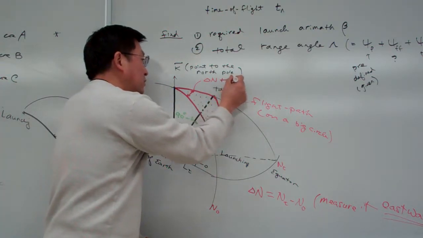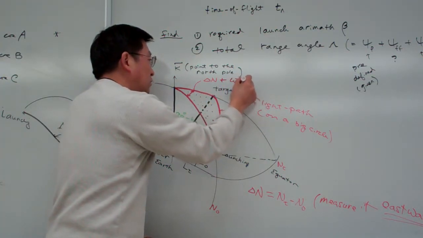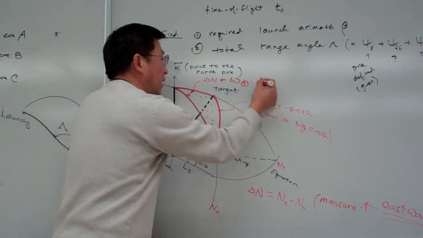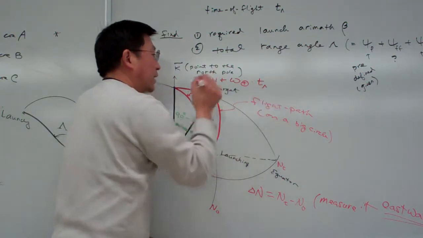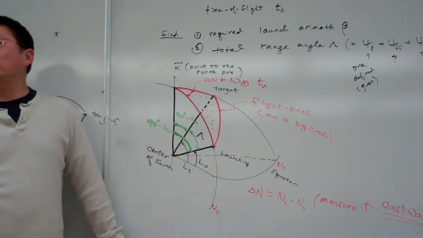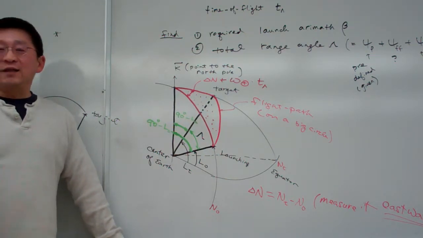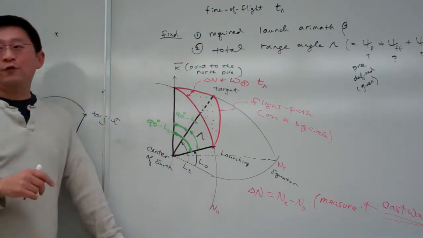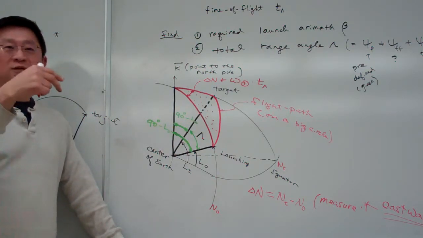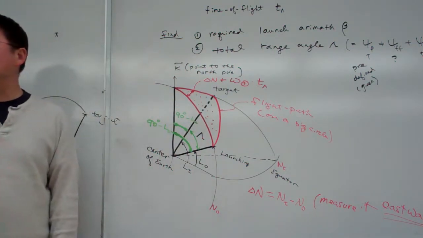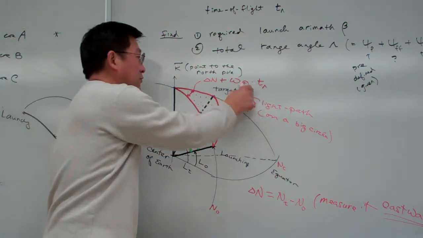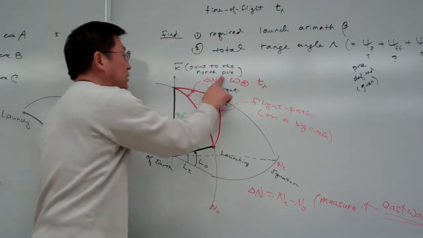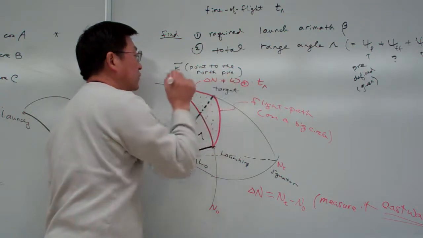So here we must consider the rotation speed of the Earth multiplied by the total time of flight. Once we launch, at this moment there's a delta N, of course, but during the flight, due to rotation, the target has been changing its position, and that change has been included by this. So the total angle must be equal to this one.